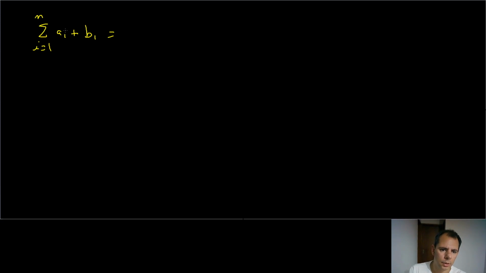I'm sorry, it looks like a 1, but it's actually an i. This is the same as the summation from i equal to 1 all the way to n of a sub i plus the summation. You can separate the summation. i equal to 1 all the way to n of b sub i.